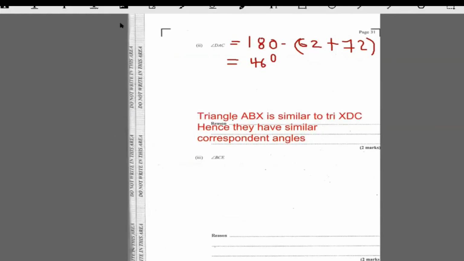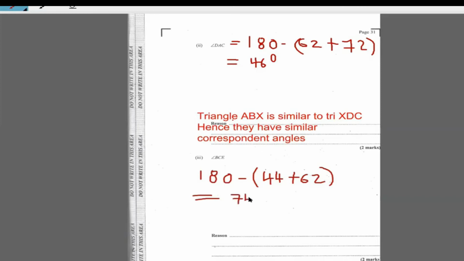So this is equal to 180 minus, in bracket, 44 plus 62. And the reason is because angles on a straight line sum to 180. That's the reason that we're using. So we work that out and we get 180 minus 44 minus 62, so that's 74 degrees.